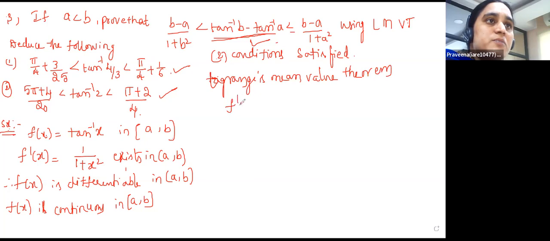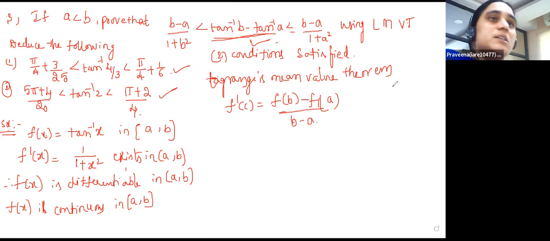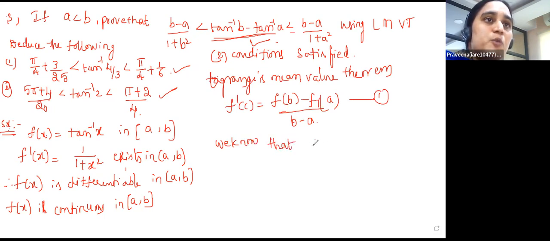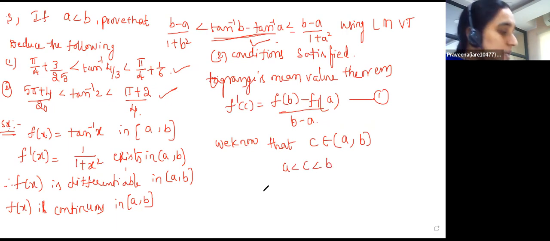f dash of c is equal to (f of b minus f of a)/(b minus a). Let us take this as the first equation. This condition is satisfied if there exists a point c belonging to a comma b, that is a less than c less than b.